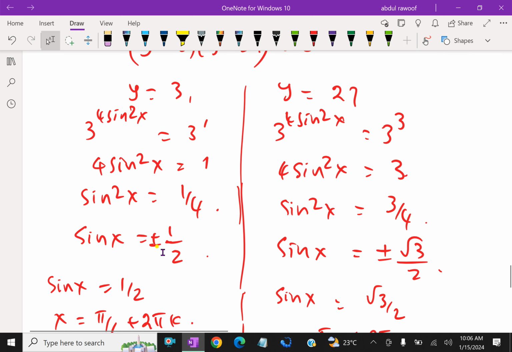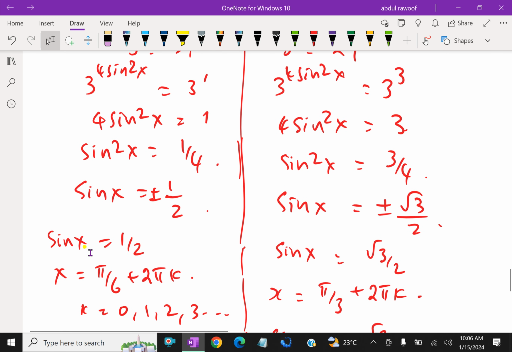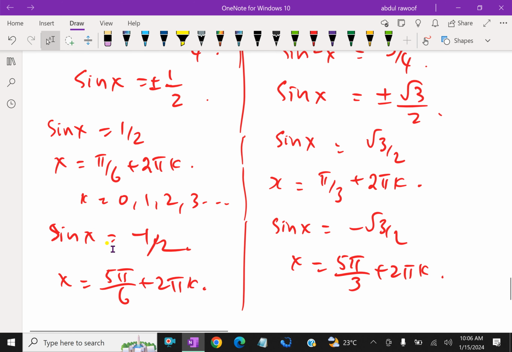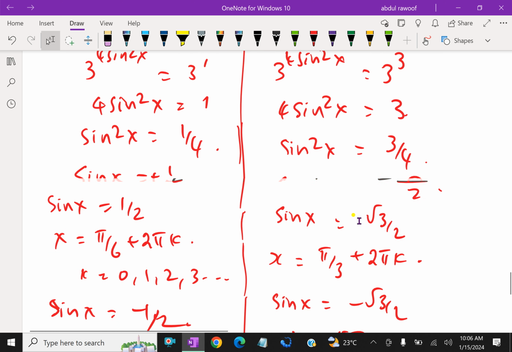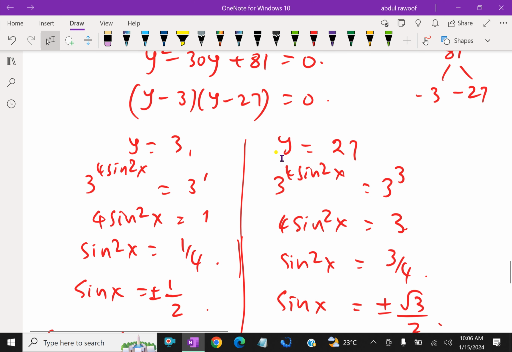Sin x has two values, plus half and minus half. Sin x equal to half means x equal to pi by 6 plus 2 pi k. If sin x equal to minus half, then x equal to 5 pi by 6 plus 2 pi k. Similarly, for y equal to 27, 3 power 4 sine squared x is 27, expressed as 3 power 3.